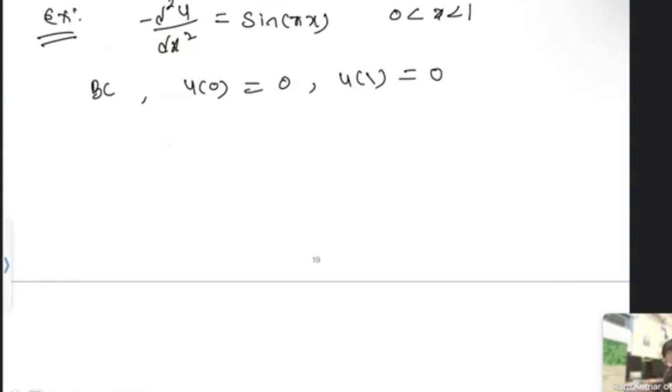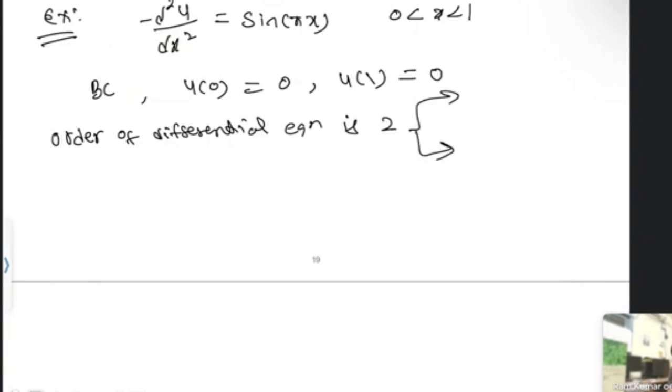Just one thing we have to find here: the order of the differential equation is 2. Now we have to find how many essential boundary conditions and how many natural boundary conditions we have. So 2p equal to 2, which means p equal to 1. Then zeroth order will be our essential boundary condition, and first order will be our natural boundary condition.